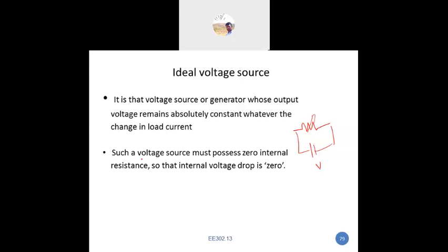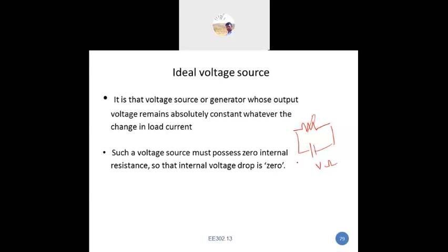Such a voltage source must possess zero internal resistance. Practically, every voltage source has some internal resistance, and resistance is nothing but an opposing force.